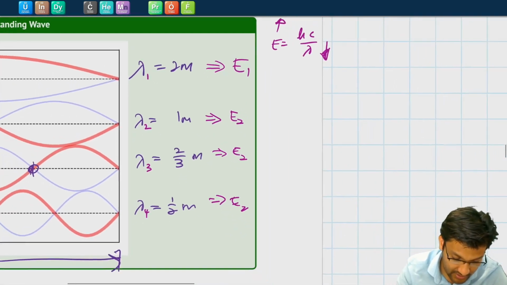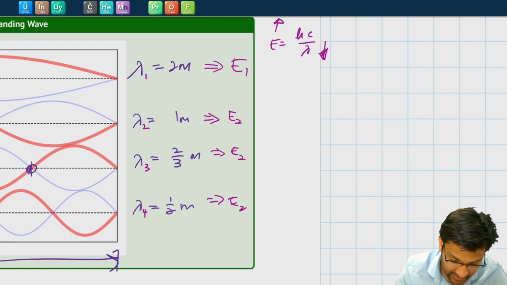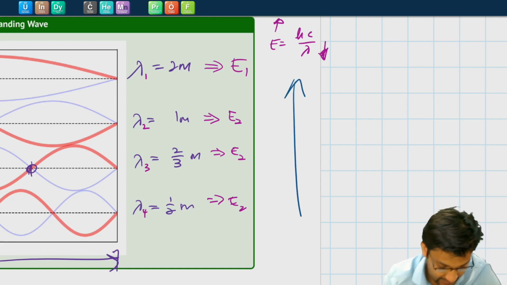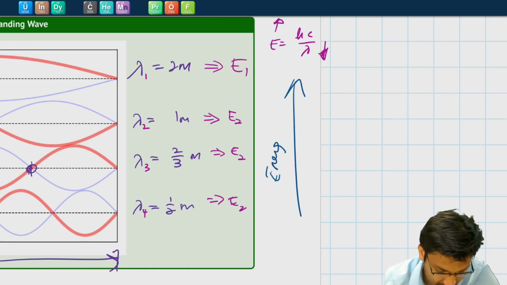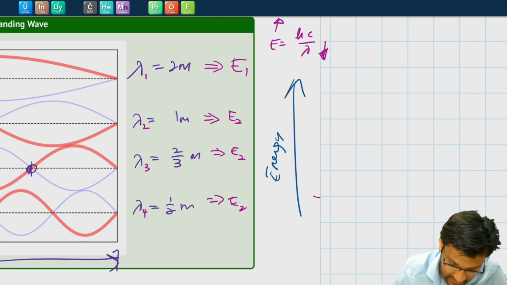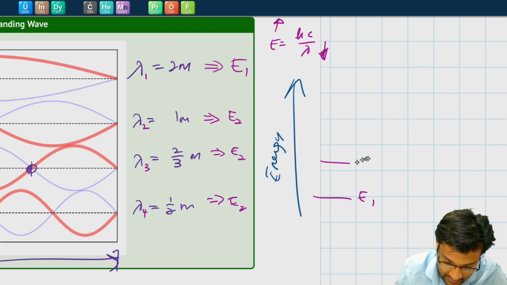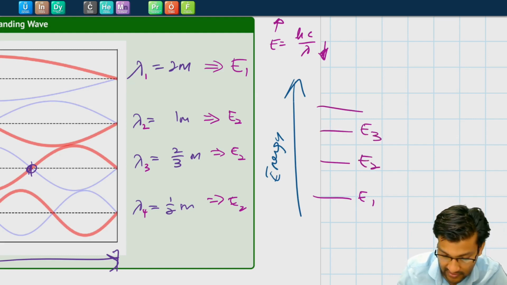If I were to plot the energy of these waves on a graph like this, where the y-axis is energy, the lowest energy here will be E1, the energy of the first wave, because it has the longest wavelength. Then the energy of the second wave, the energy of the third wave; they actually start to get closer and closer together as you go up and up and up.